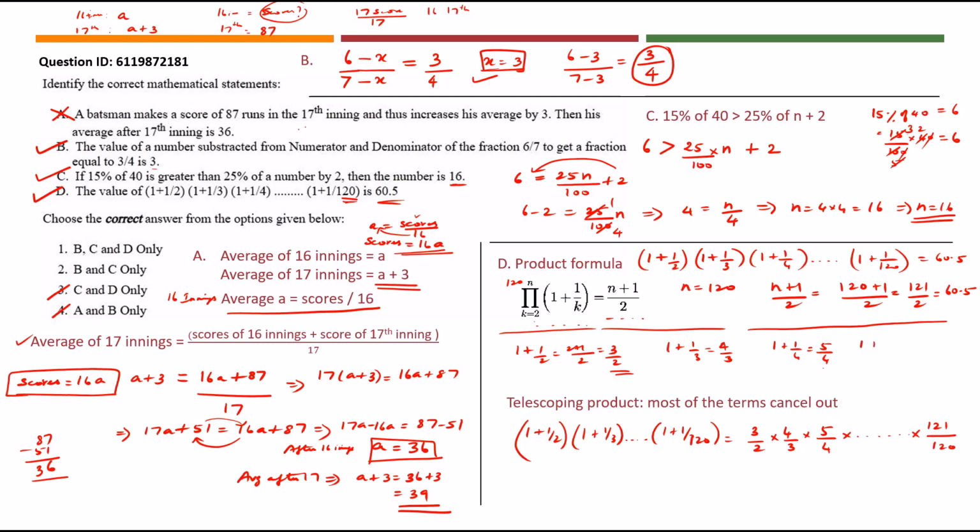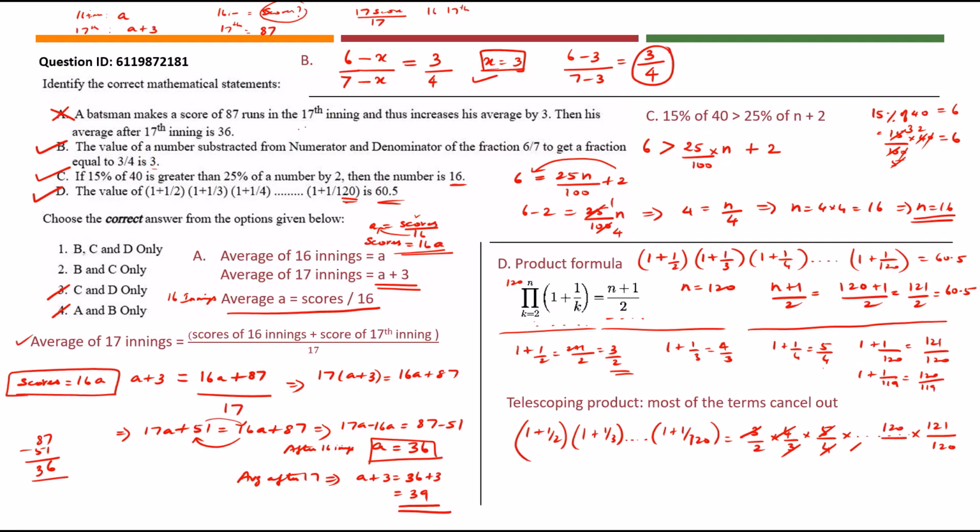Go for the final term. 1 plus 1 by 120 will be 120 plus 1 which is equal to 121 by 120. This is the final number. Telescoping means the terms will cancel out each other. 3 and 3 will go, 4 and 4 will go, 5 and 5 will go in 6 divided by 5. Similarly, the previous term will be 1 plus 1 by 119 where you will get 120 by 119.